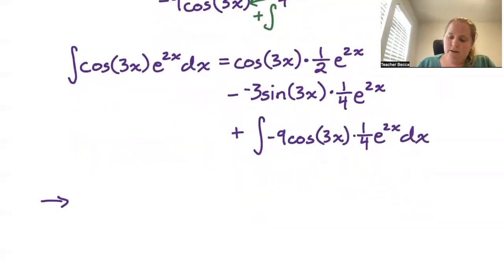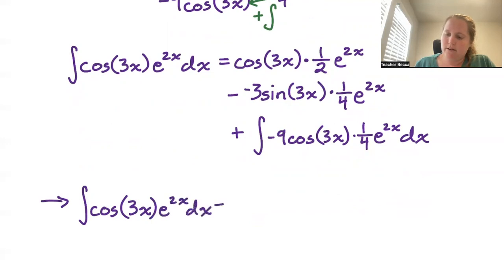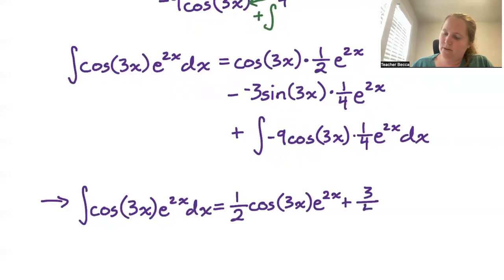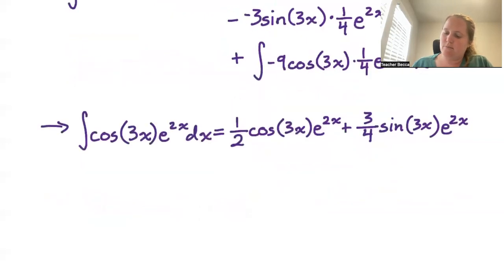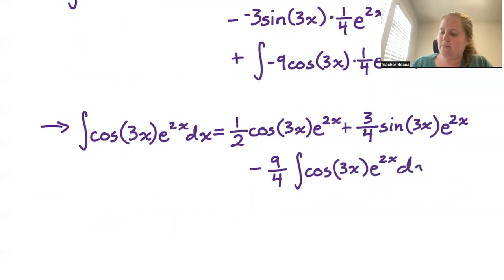Rearranging this, we have that the integral of cosine of 3x e to the 2x dx is equal to 1/2 cosine of 3x e to the 2x plus 3/4 times sine of 3x e to the 2x minus 9/4 times the integral of cosine of 3x e to the 2x dx.